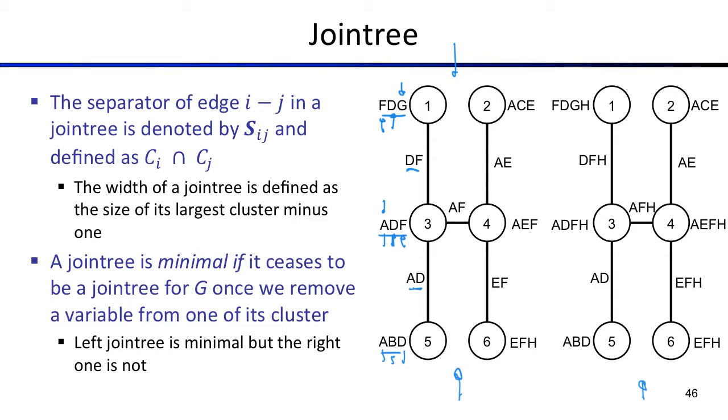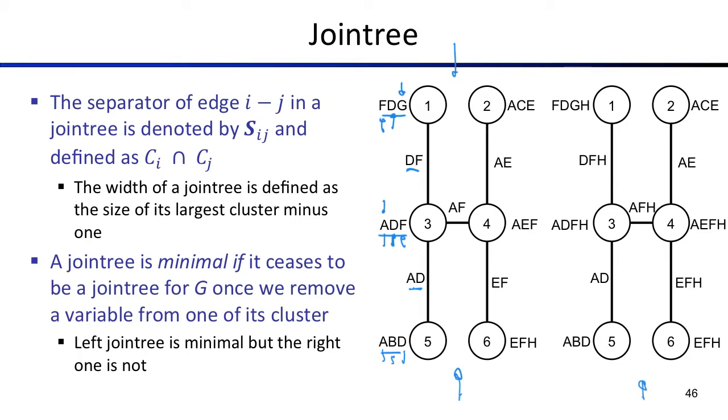We know that a joint tree is minimal if, when we try to remove one of the variables in the clusters, it will cease to be a joint tree. It will cease to be a joint tree because either we cannot map the factors from the network into the joint tree, or because we don't have the joint tree property anymore.